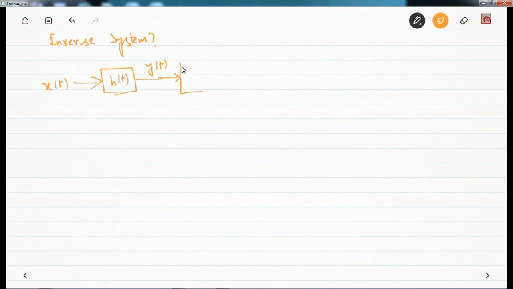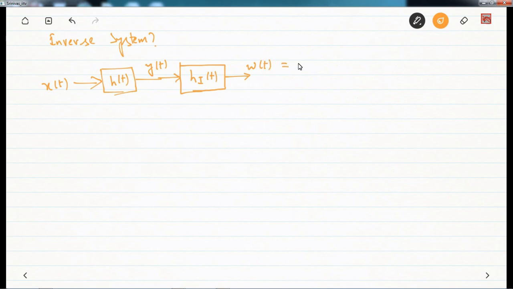Then an inverse system for this LTI system has an impulse response h I of t. Here this I stands for inverse, right? And its output, let's say w of t.